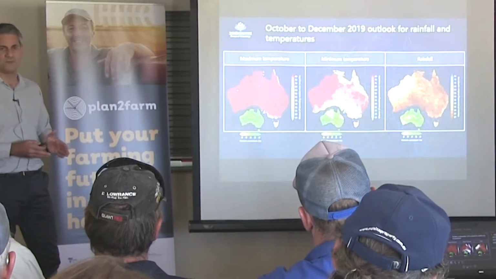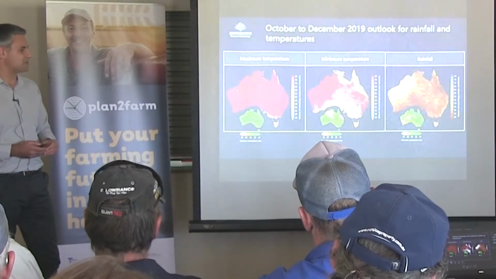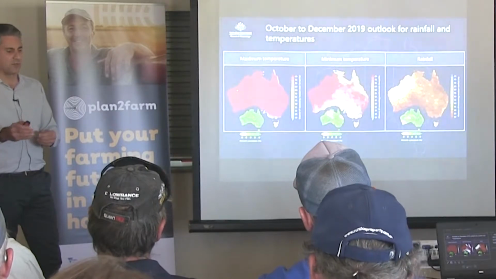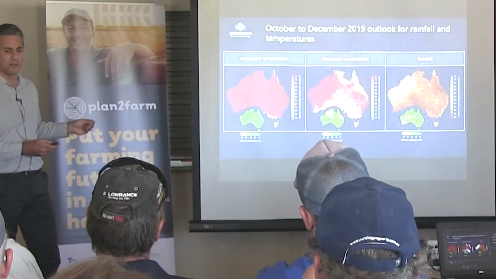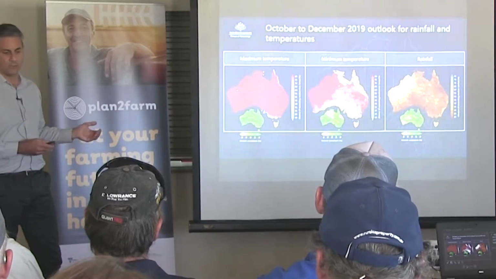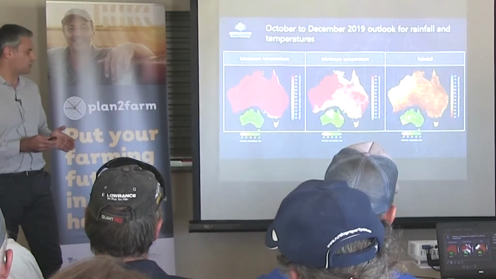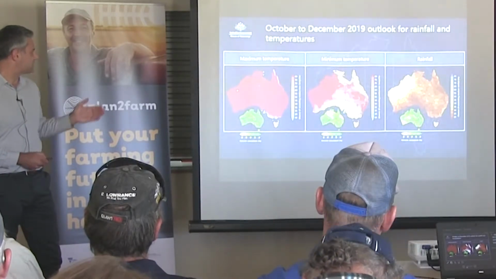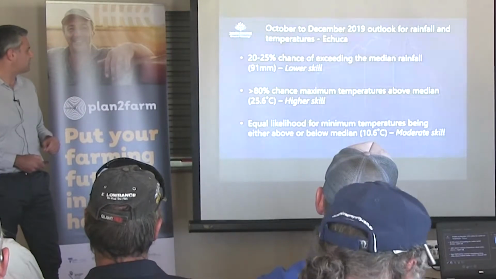We're looking more at a 50-50 chance, and that just means there's no strong signal for the minimum temperature telling us it's going to go extreme warm or extreme low. You could still get higher or lower than average, but there's nothing strong there suggesting it's going to go either way. So that's a graphical representation of Australia.